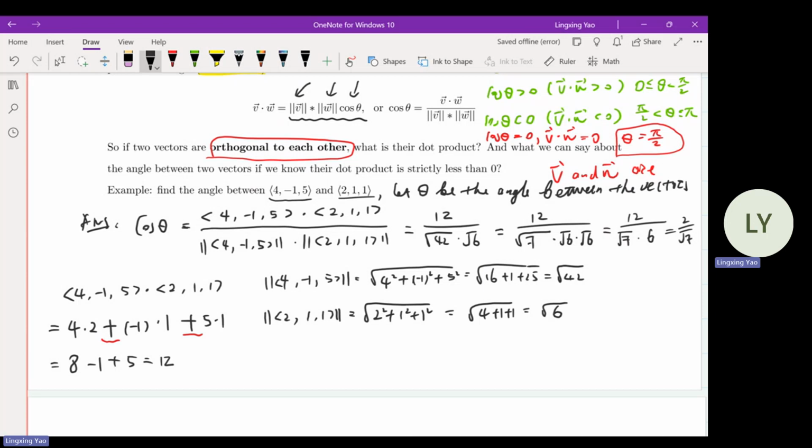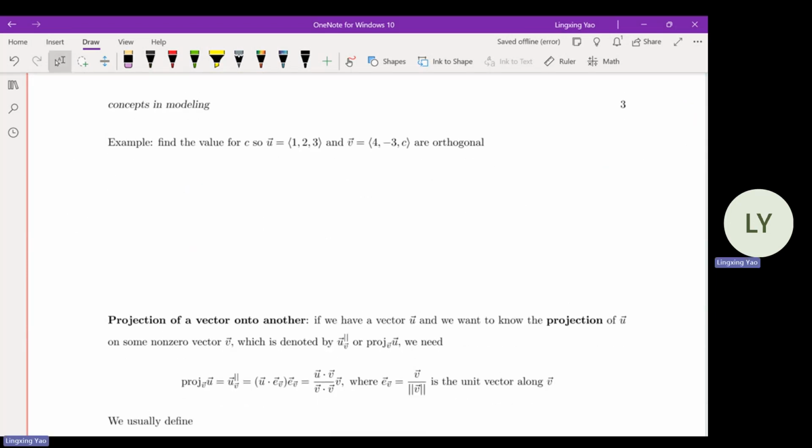All right, there are other interesting problems we can handle also. For example, suppose we are given two vectors, one specified by all 3 components, and the second having a free parameter c that we need to determine. The question asks us to find the value of c such that those two vectors u and v are orthogonal.